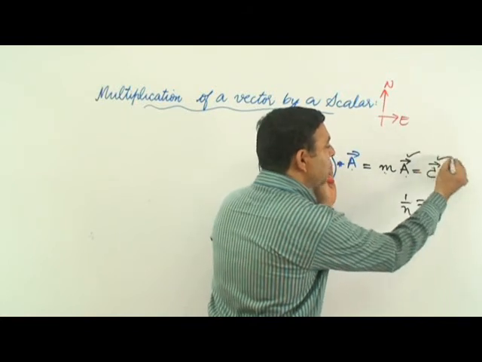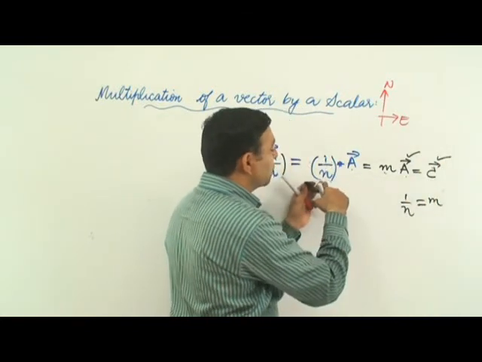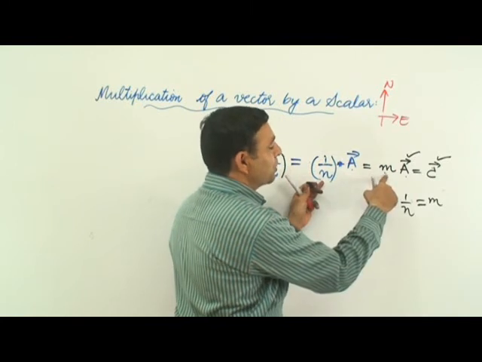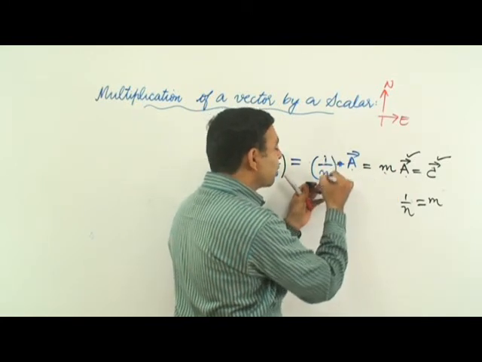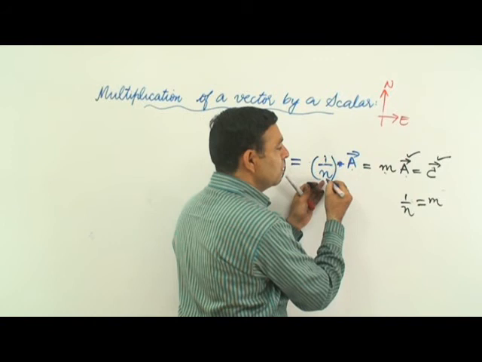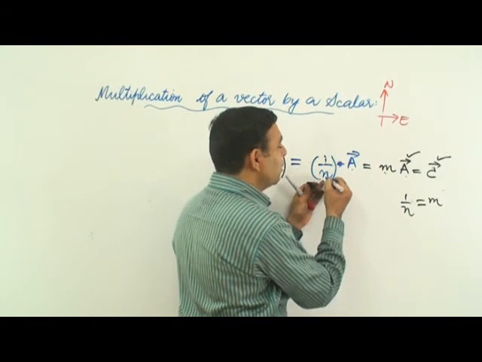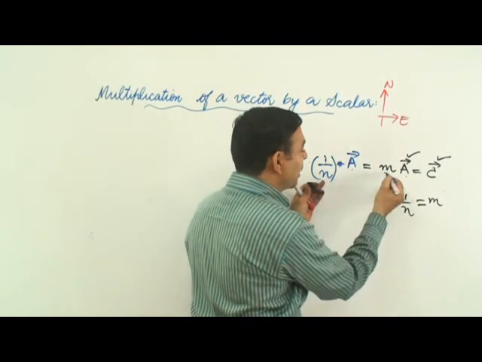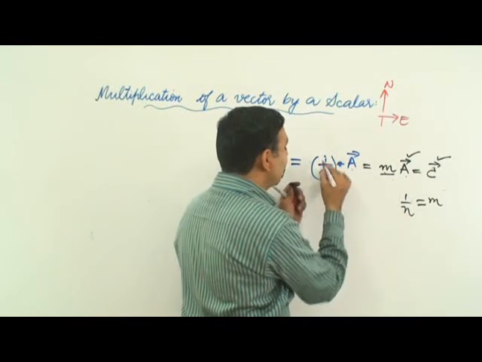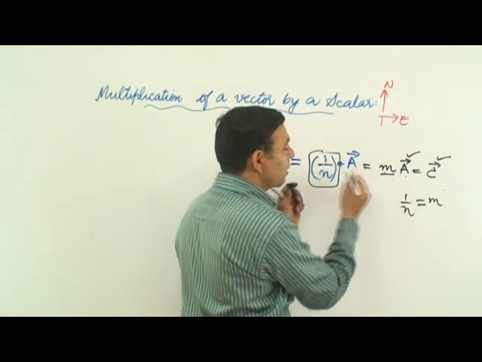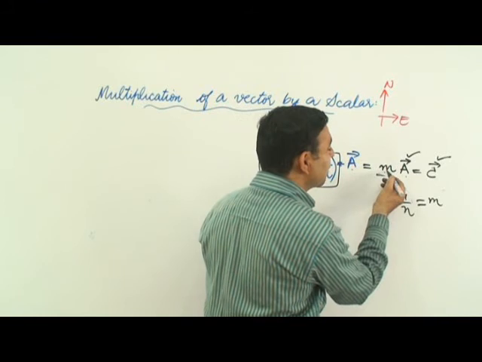If this scalar is positive, n is positive, means m will be positive. Is it clear? n is positive means 1 by n will be positive. And if n is negative, 1 by n will be negative, m will be negative. m is nothing but 1 by n. And when this is a negative scalar, a and c will be in opposite direction. Is it clear?